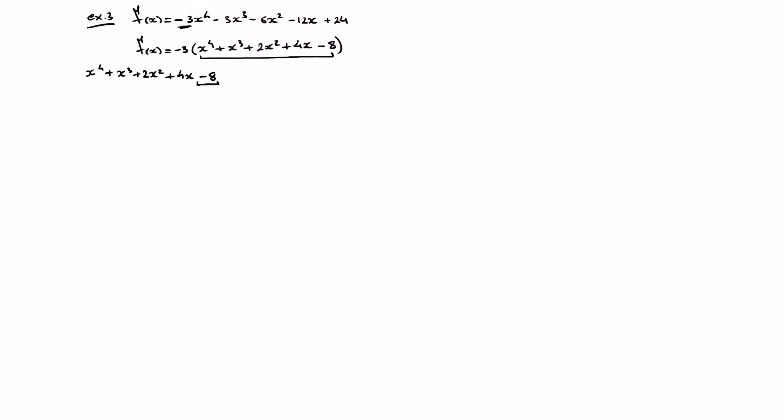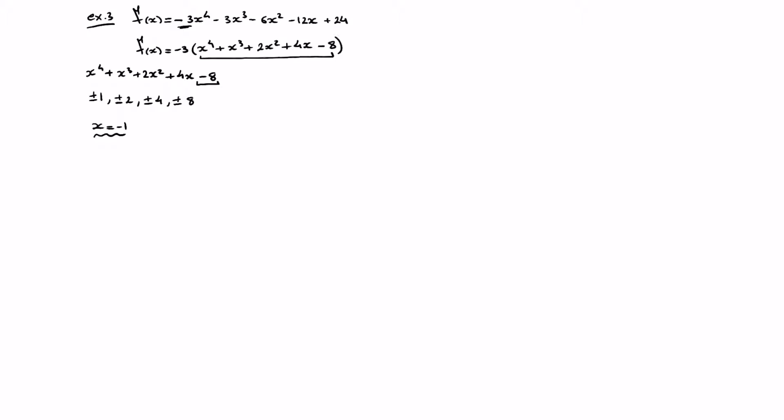So the first thing we do is we list all of the factors of negative 8. Those are plus or minus 1, plus or minus 2, plus or minus 4, and of course, plus or minus 8. So let's get started and see whether or not any of these factors are in fact roots of this polynomial. So we'll start with negative 1.